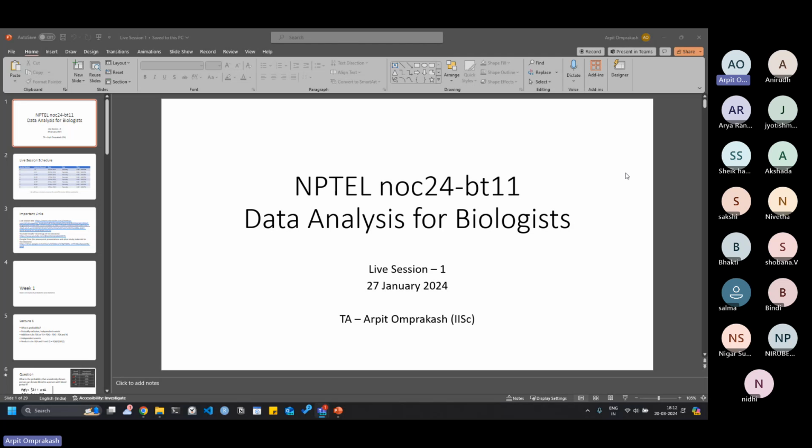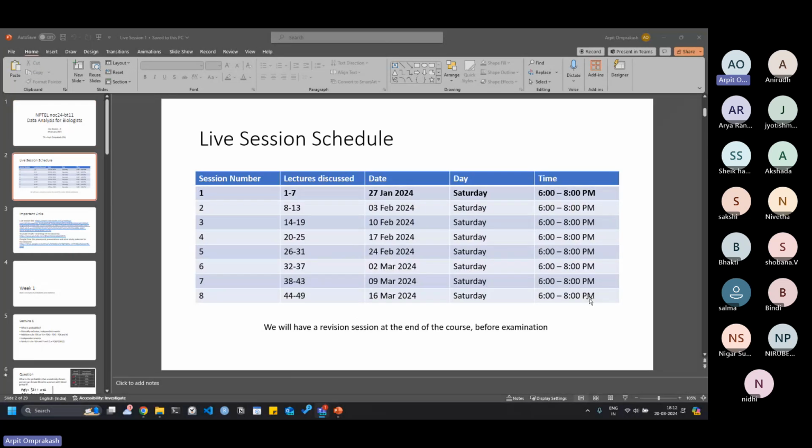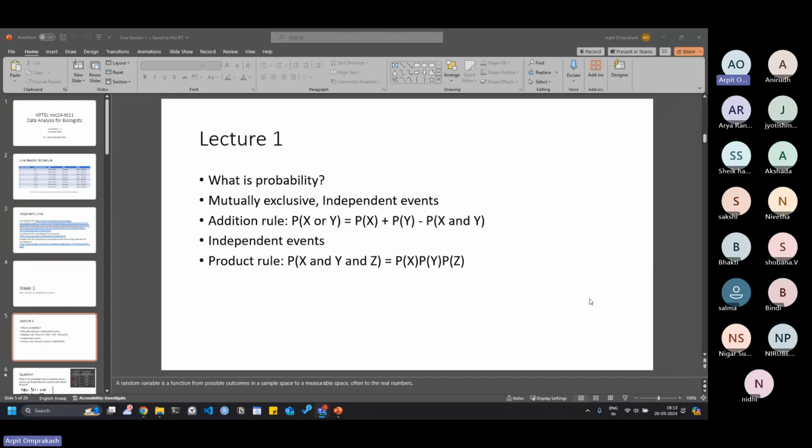So we'll recap whatever was done in the course. Basically, in week one, we learned about probability. We learned about what are mutually exclusive events and what are independent events. We also talked about the addition rule and the product rule in probability.